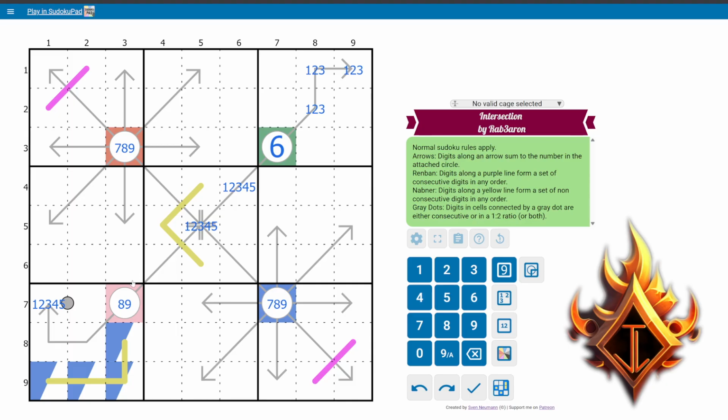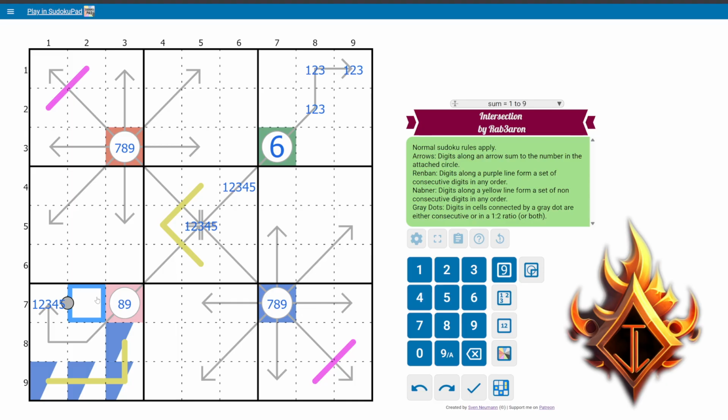Right, so no highs are on here. And no matter what this is, the other 3 highs cannot be there.